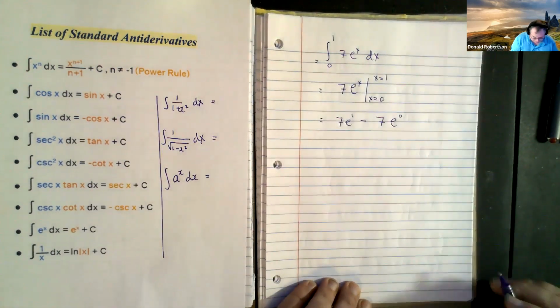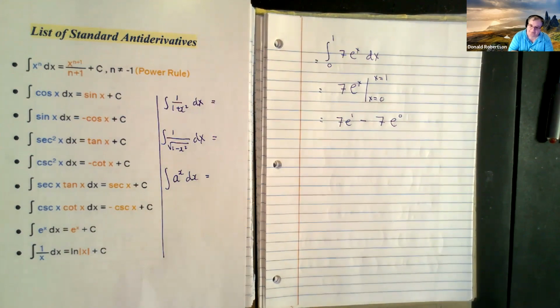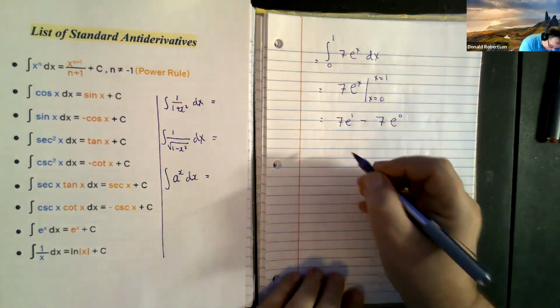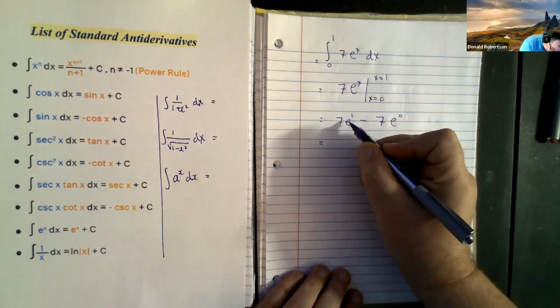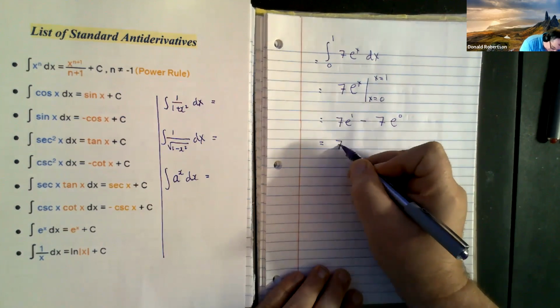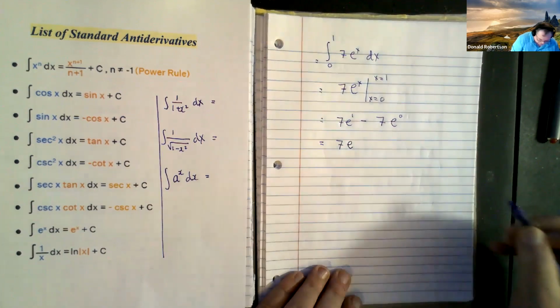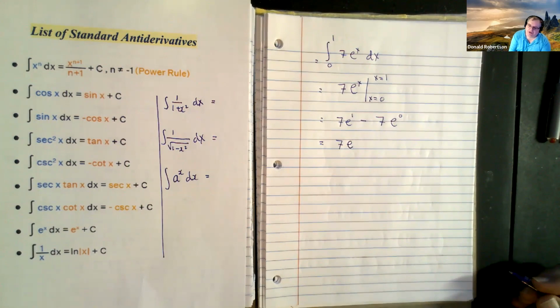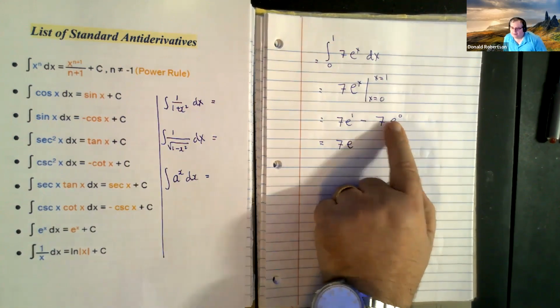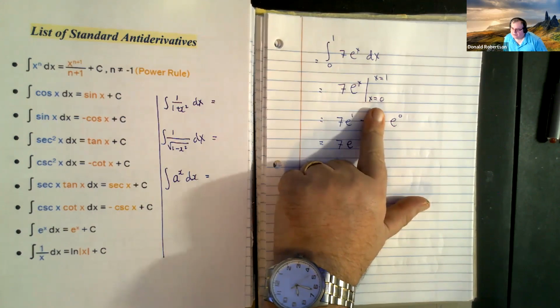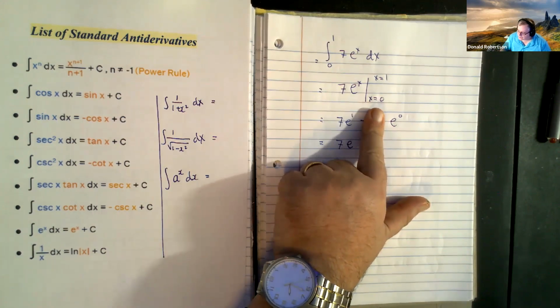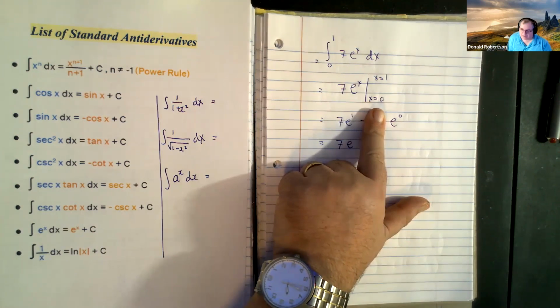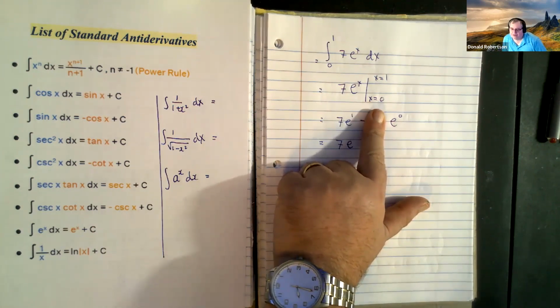Well, all I need to do now is make this look pretty. Style points, simplification. You don't write e to the 1. When something is e to the 1 or x to the 1 or anything to the 1, you just call it 7e. What number is e to the 0? What's the value of e to the 0?